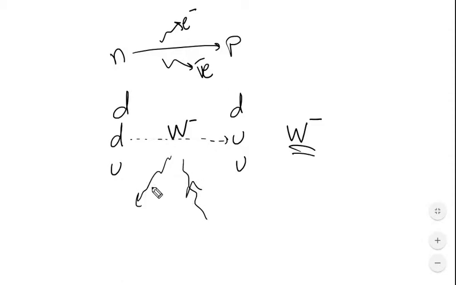So what's the total number of leptons released in this process? We started with 3 quarks, and we caused the release of 1 lepton. If you're talking about beta minus, the lepton is an electron, and we have an anti-lepton.